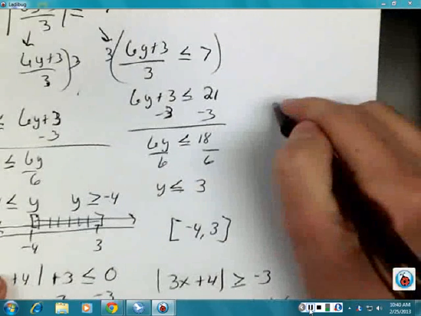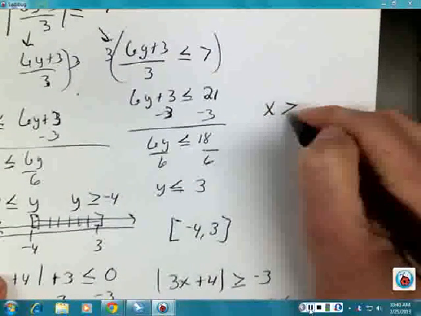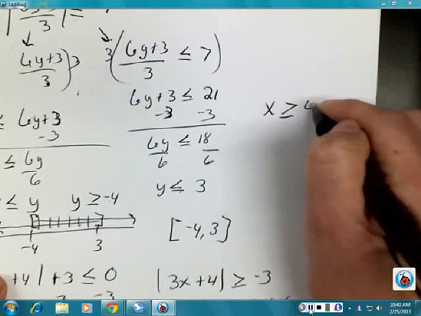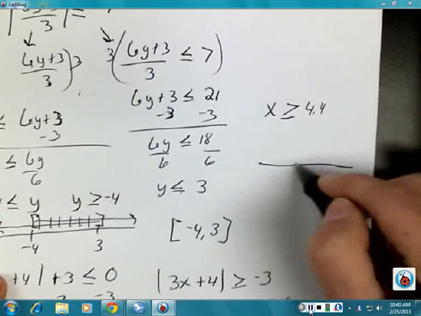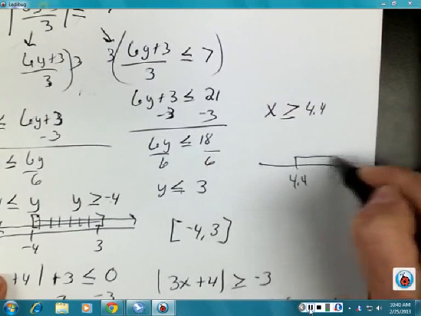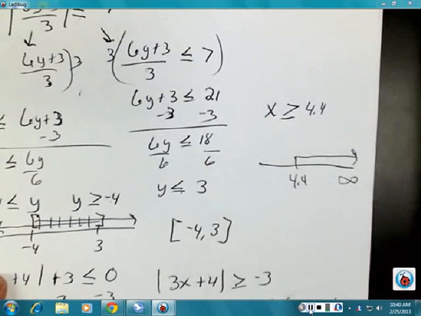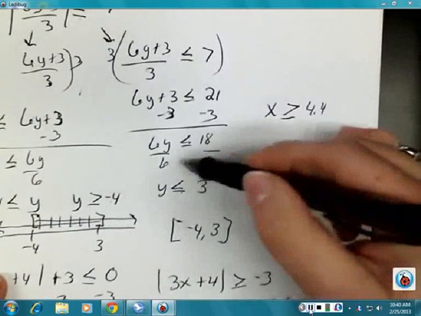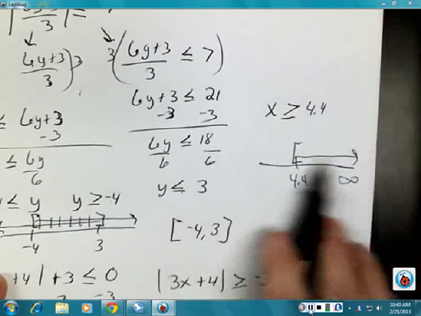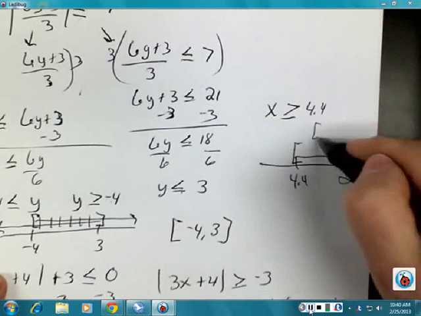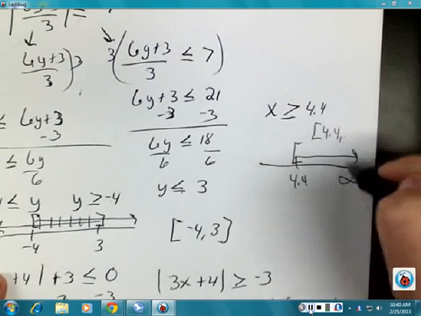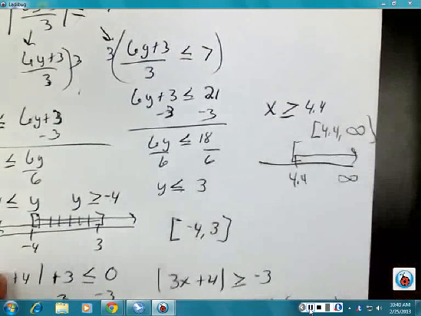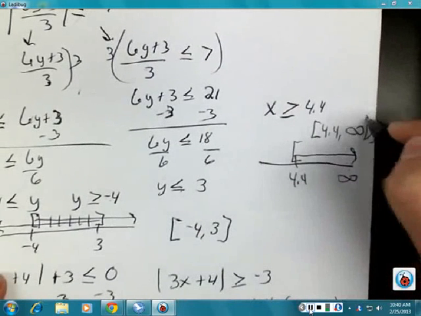Now if that would have been x is greater than or equal to 4.4, then I would have gone to positive infinity. And 4.4 is included, so reading my number line from left to right, it's from 4.4 to positive infinity.